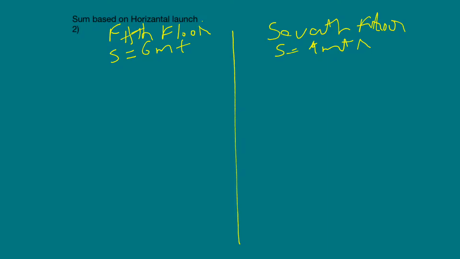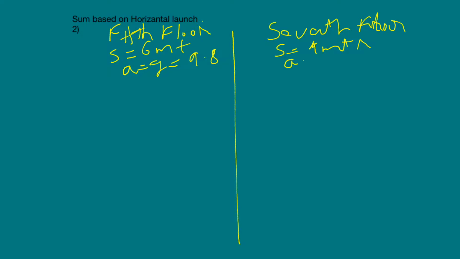So this we know. And acceleration due to gravity means a equals g equals 9.8 meters per second square. It is positive because it is falling towards the earth.